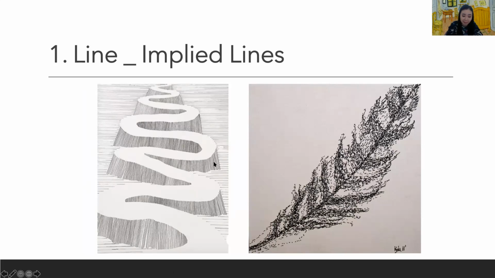And let's look at the right image. This is a feather drawing with dots. There are no lines in this feather drawing. However, the dots spread in the feather's shape, so we can imagine there is a feather. So that's implied line.